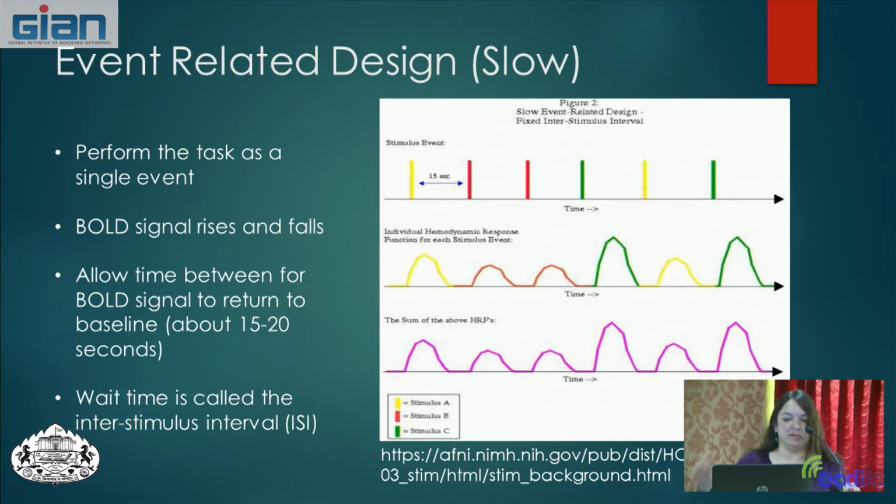Again, we're assuming that the BOLD signal is rising in the area that's activated due to this and then falling again after they're not looking at the face. If you're going to do a design like this, you may need to allow enough time for the BOLD signal to return to baseline, which we said from the onset of that stimulus for it to rise and come back down takes about 15 seconds.